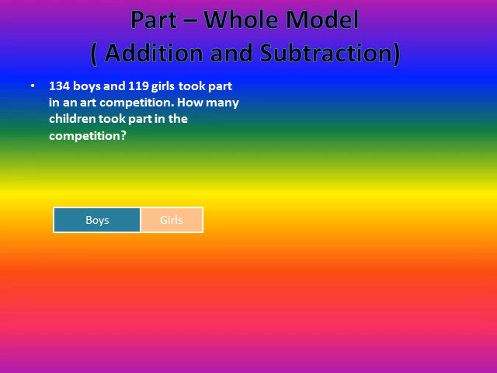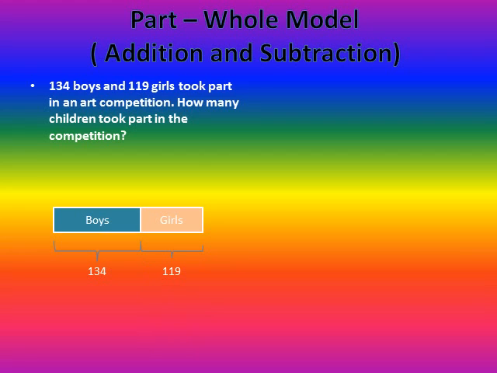You can see 134 is bigger than 119, so the block that represents boys is a little bit bigger than the one that represents girls. After we draw the blocks, we draw the labels: under the boys we put 134, and under the girls we put 119.